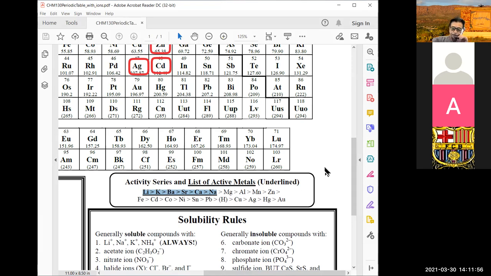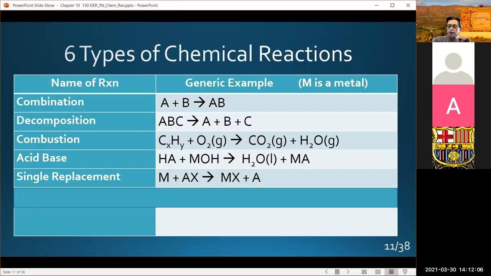All right, so that's the activity series. We're going to utilize it when we talk about these types of reactions called single replacement reactions. If you look at this generic formula, you can see that we have a metal, M, in elemental form, and then we have another metal that is in salt form.